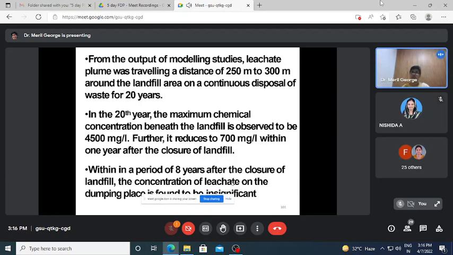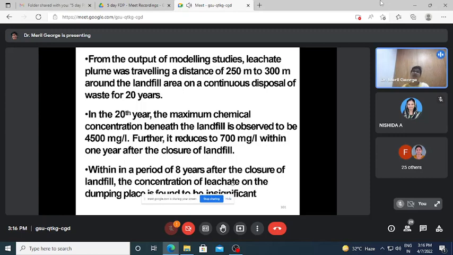Then in this site and in this waste disposal rate, the influence area was not getting increased much. Maximum up to 300 meter was observed.